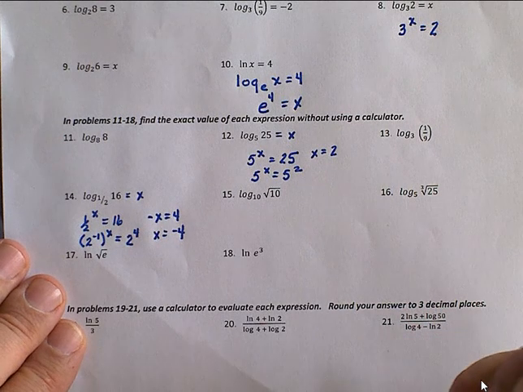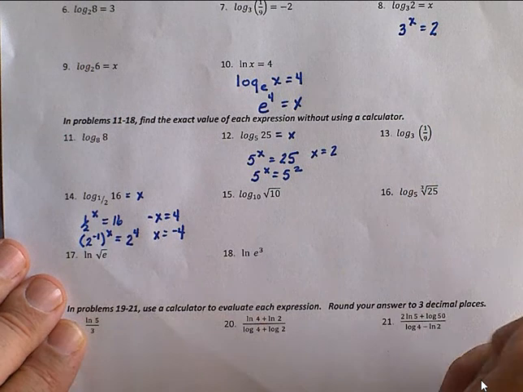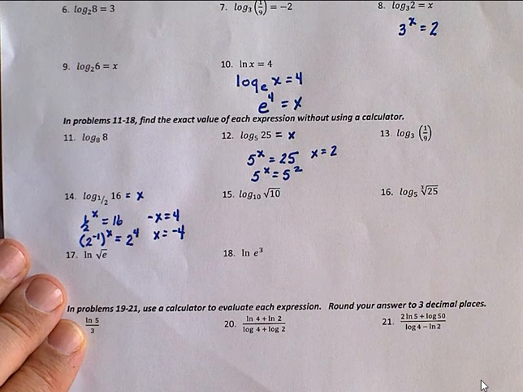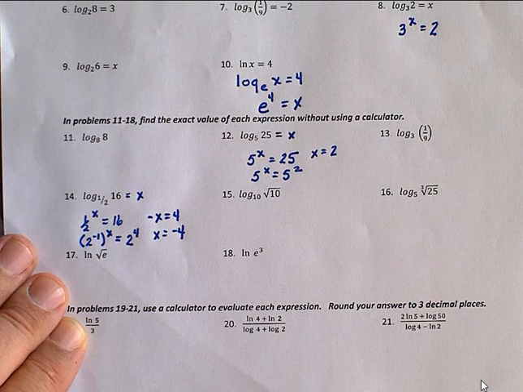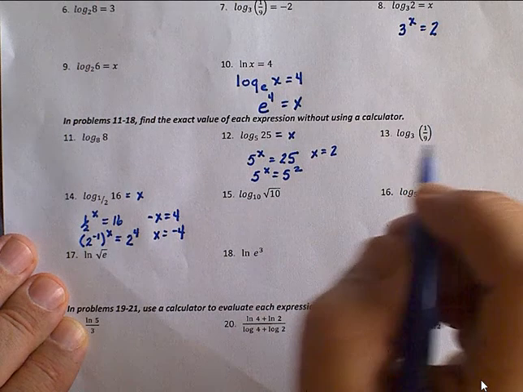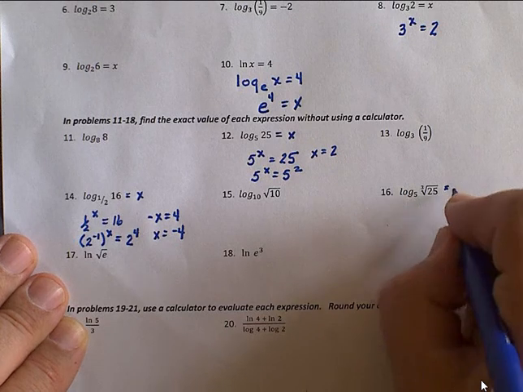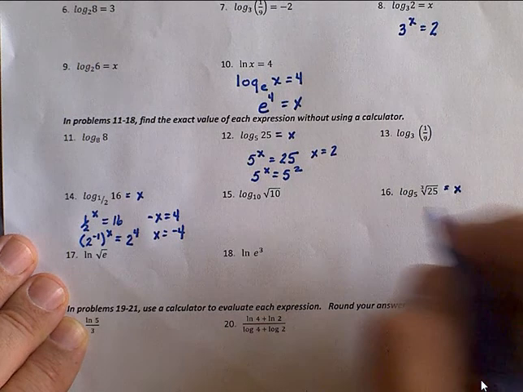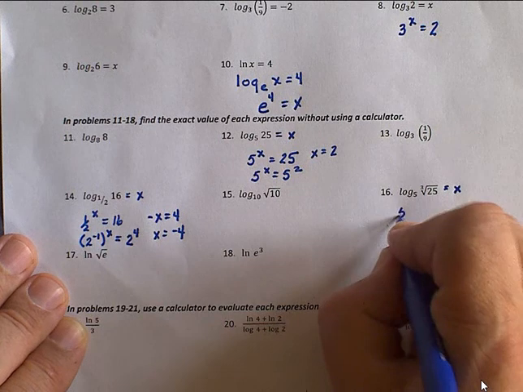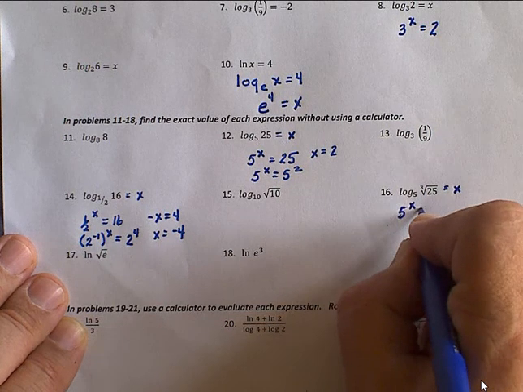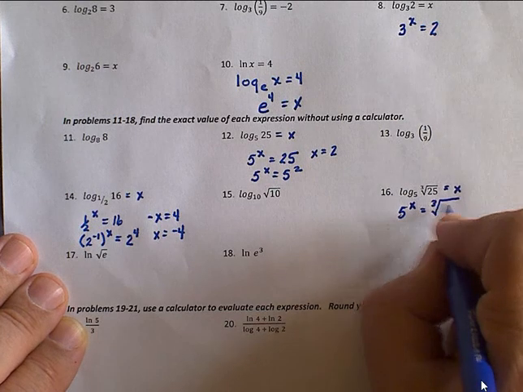When you see radicals, like you do on 16 and 17, remember we know how to express radicals using fractional exponents. So on number 16, set it equal to x, and I'm going to write this as 5 to the x power equals the cube root of 25.